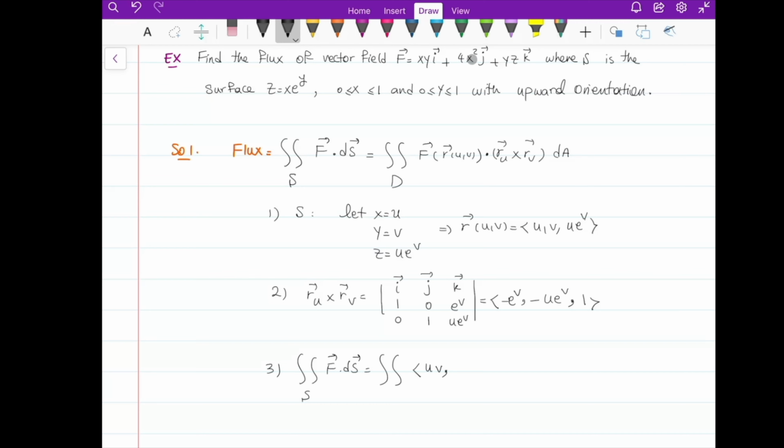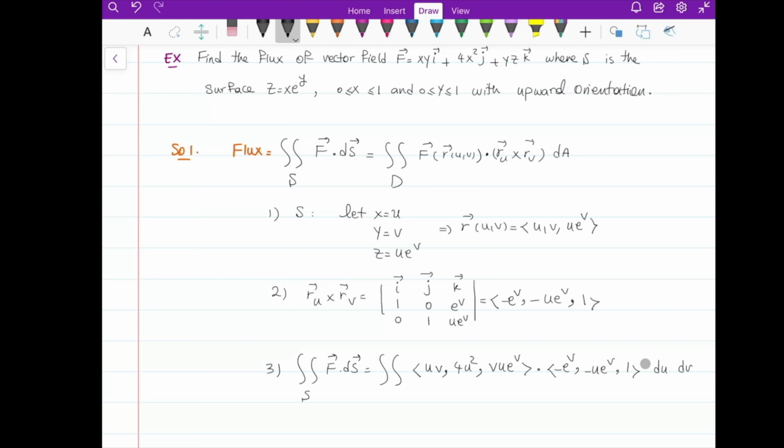Here I have 4u squared, here I have y, which is v, and then z, which is e^v, dot product with (negative e^v, negative u e^v, 1), and then dA, which could be du dv or dv du.